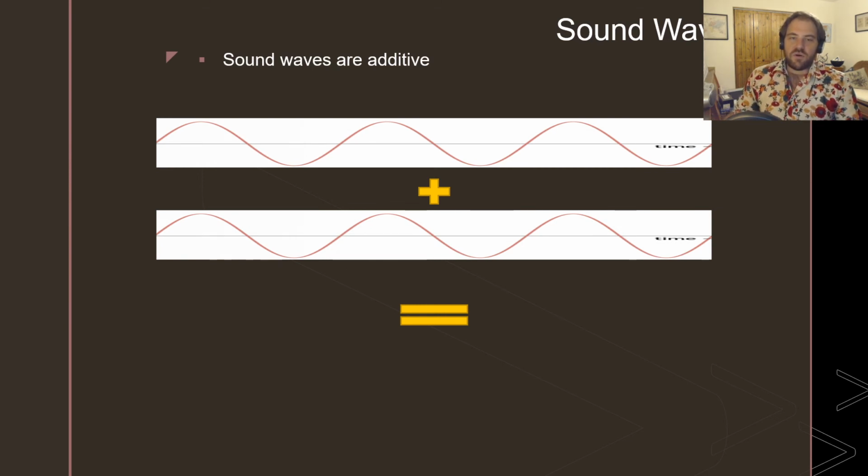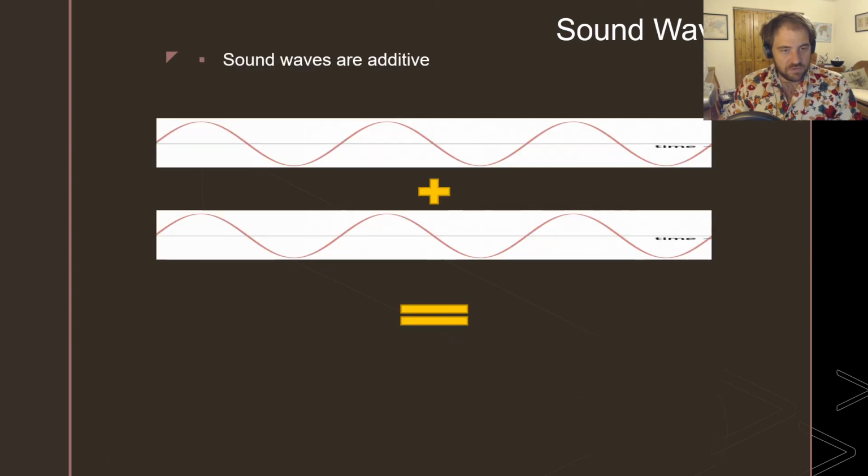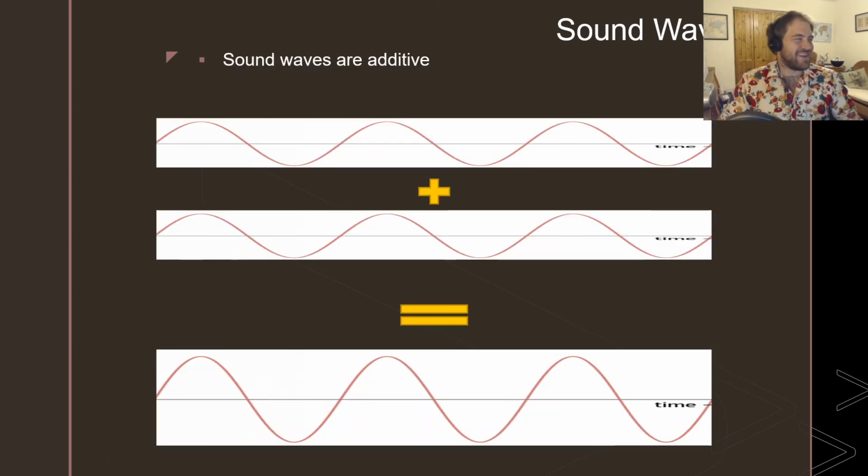Okay, so one thing that you should know about sound waves is that they're additive. You can put them together. A wave with an amplitude of 15 added to a wave with an amplitude of 15 makes a wave with an amplitude of 20. No. 30. Mental math. So an amplitude of 15 plus an amplitude of 15 equals an amplitude of 30.